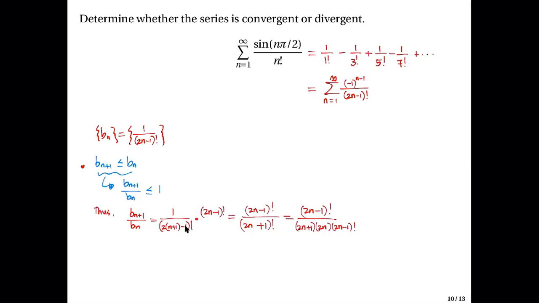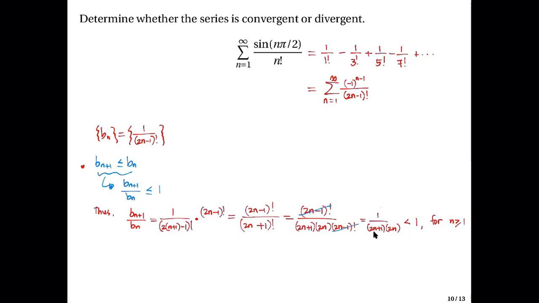And of course, makikita nyo, magka-cancel si 2n minus 1 factorial. So, may iwan lang sa atin is 1 over 2n plus 1 times 2n. And definitely, this is less than 1 for n greater than or equal to 1. When n equals 1, you have 2 plus 1, that's 3, times 2, that's 6. So 1 over 6, it's less than 1.